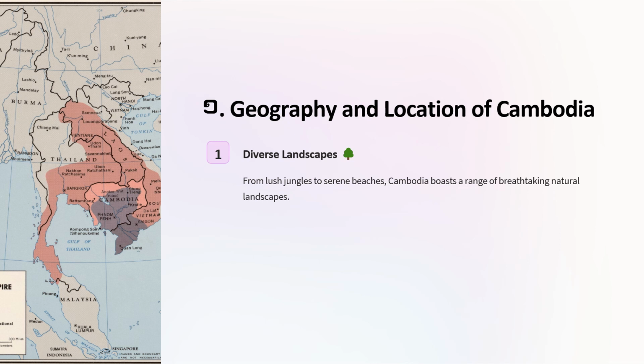Let's talk about the diverse landscape. In Cambodia, we have large jungles and natural landscape. It means the country has a varied landscape running from low-lying plains and wasteland to mountain ranges.